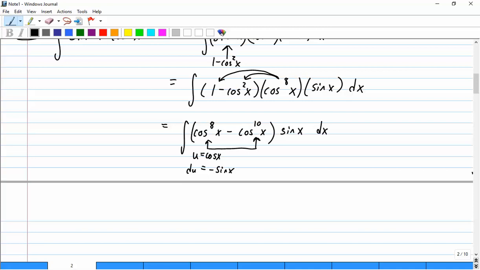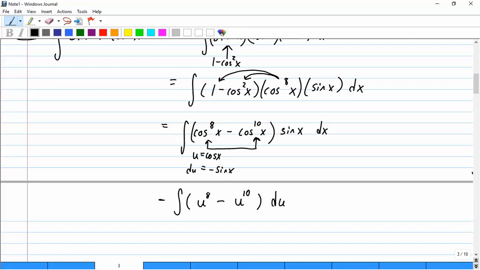But I can bring the negative out for both of them at once if you want to. That's fine. But how would I need to rewrite the integrand so that I make sure that I integrate properly? I let u be cosine, so what is this going to be? U to the 8th minus u to the 10th, and then the sine of x is inside the du.